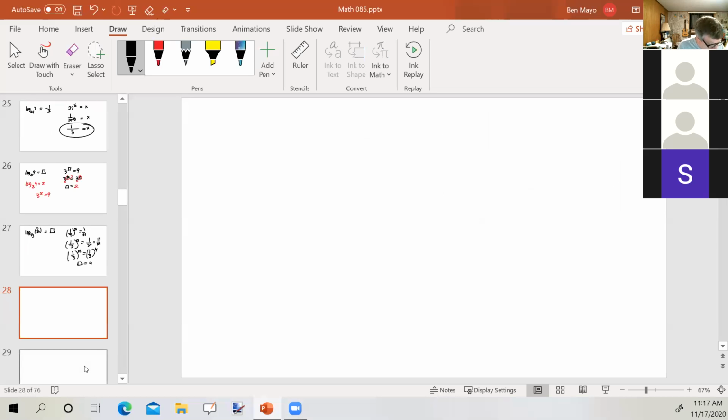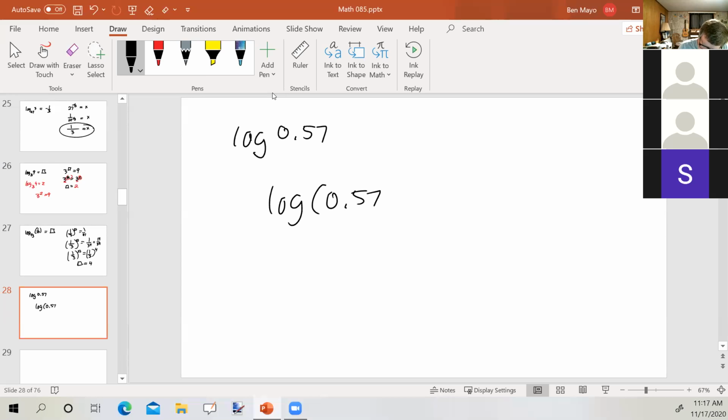All right, now we're going to use our calculators. So we're going to use that button that says LOG. It says, use a calculator to find the value, give answers to 4 decimal places. So we've got log of 0.57, which is log base 10. So you're going to turn your calculator on, clear it. You're going to push the log button. On my calculator, when I do that, it comes up like this. Then I'm going to put in 0.57, close the parentheses, equals.